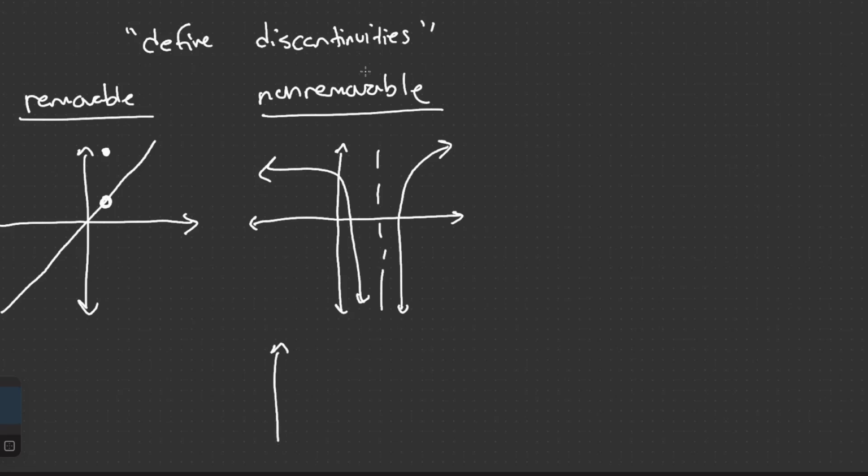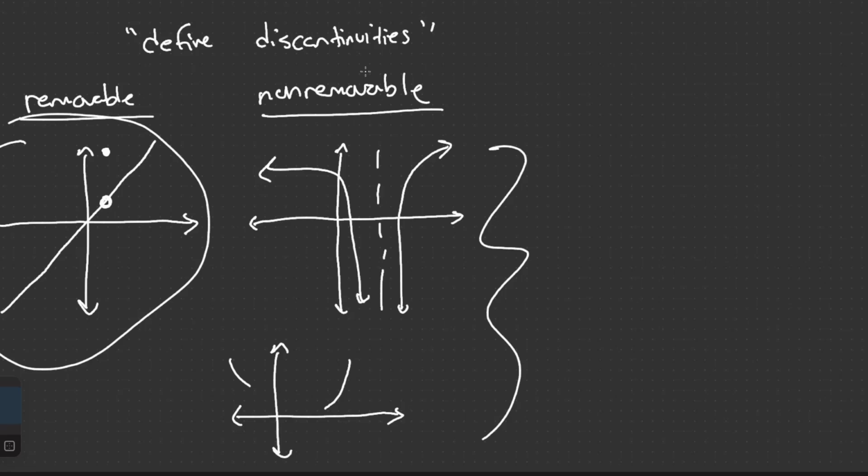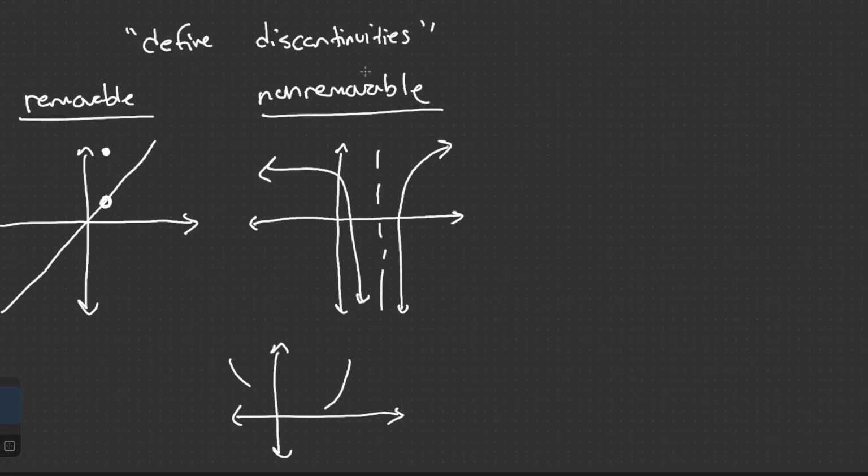And there's also the one I showed you before with the piecewise function, where it's defined here and defined here. These would be non-removable discontinuities, and this would be a type of removable discontinuity. But anyways, this is important because these two concepts will help us calculate limits.